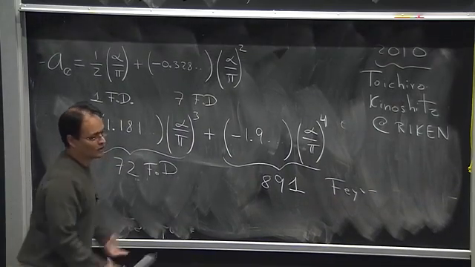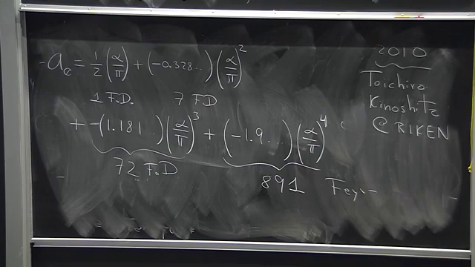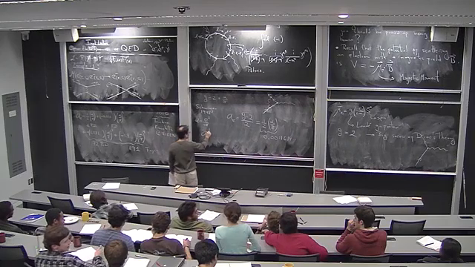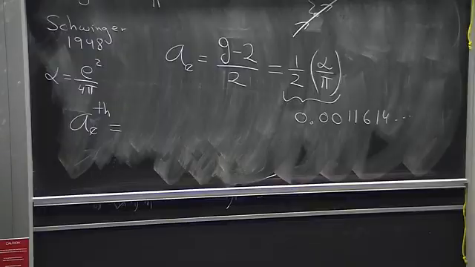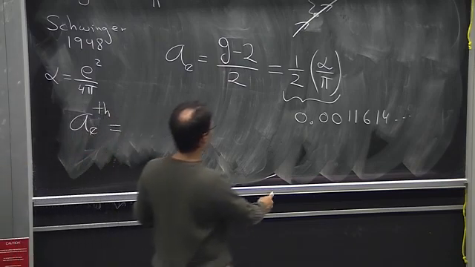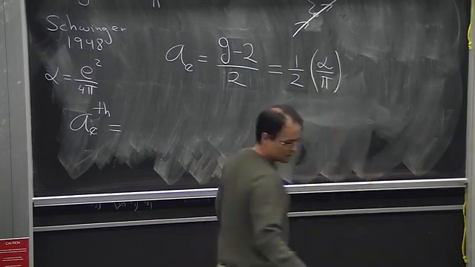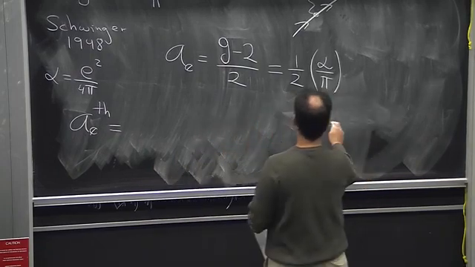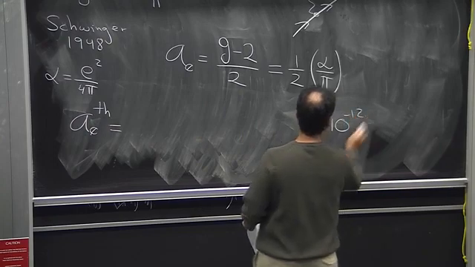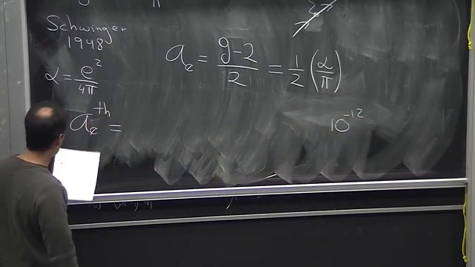Well, when you look at this thing and you add them up, you get that the anomalous magnetic moment calculated from QED is, and I'm going to use units of 10 to the minus 12, the anomalous magnetic moment for the electron.